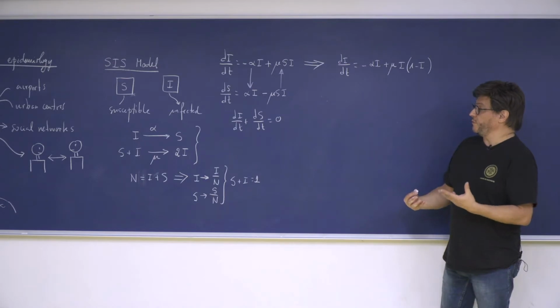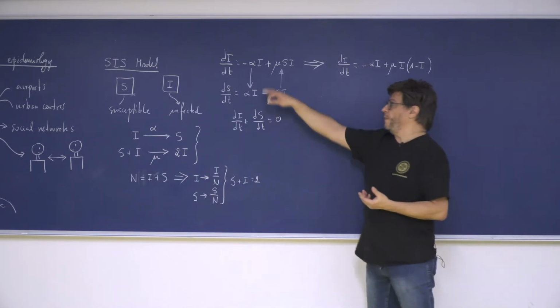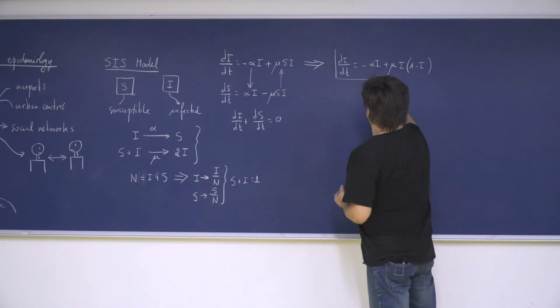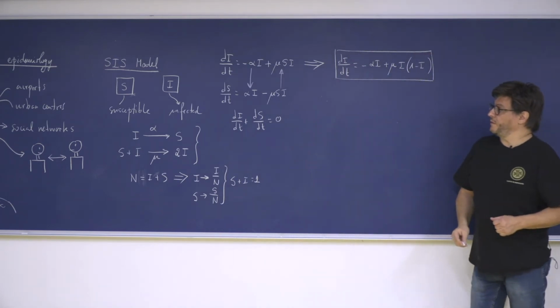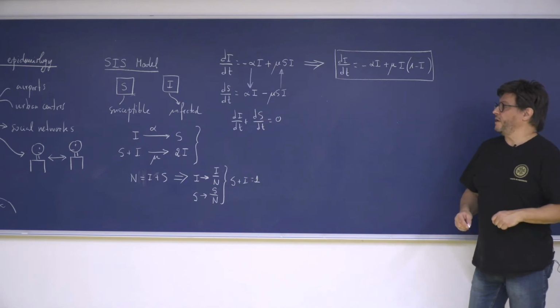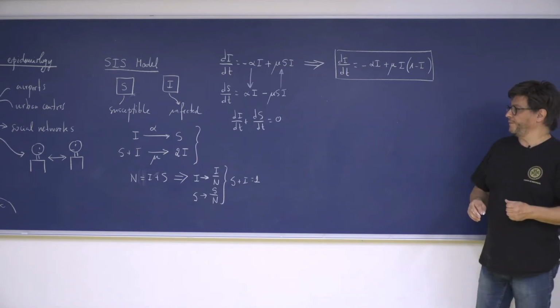So, as it happened with other problems we have explored, this is not a two-dimensional dynamical system. Because of conservation, this is the equation that describes the propagation dynamics of an epidemic event under the SIS approximation, all right? So, again, we could solve this model, right?